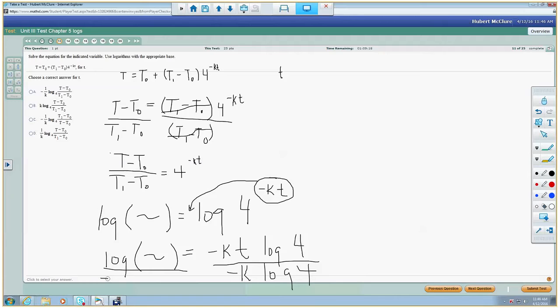Negative k log of 4. So what is t equal to? T is equal to this. So which one is that?